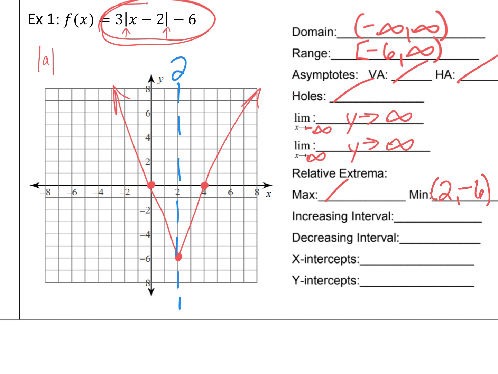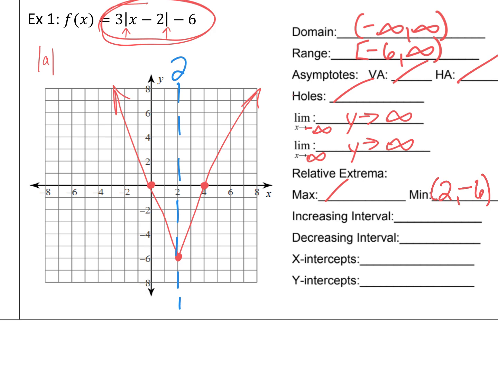Okay, so if we look, if this was a roller coaster, I know you're tired of hearing me say that, okay? But if this was a roller coaster from the left to the right, what would it be doing first? Decreasing and then increasing. So we're going to have one of each interval, okay? And it's going to change directions at 2. Because again, when we're writing intervals, we're writing the domain or the pathway on x, okay, that we are increasing or decreasing.